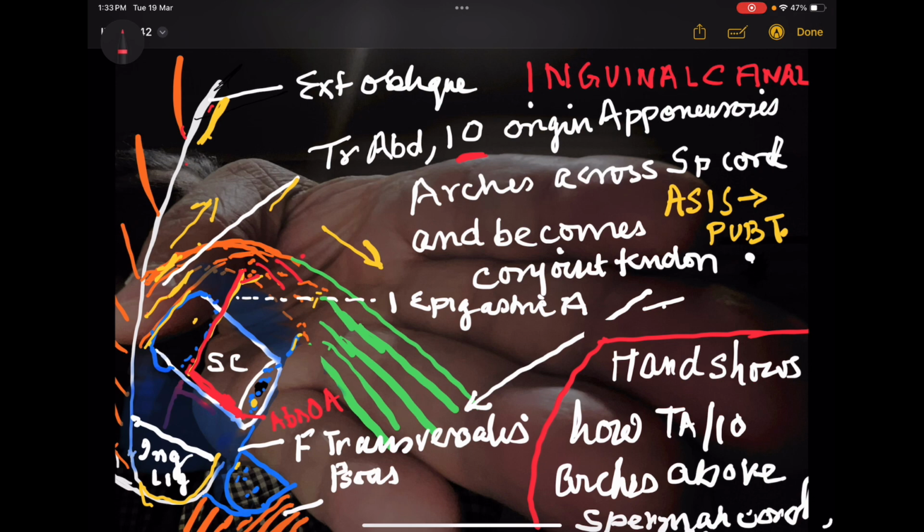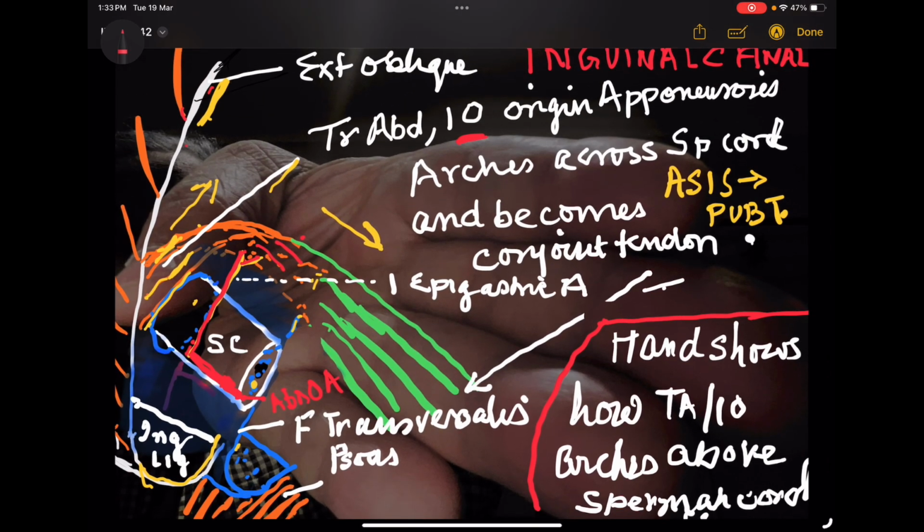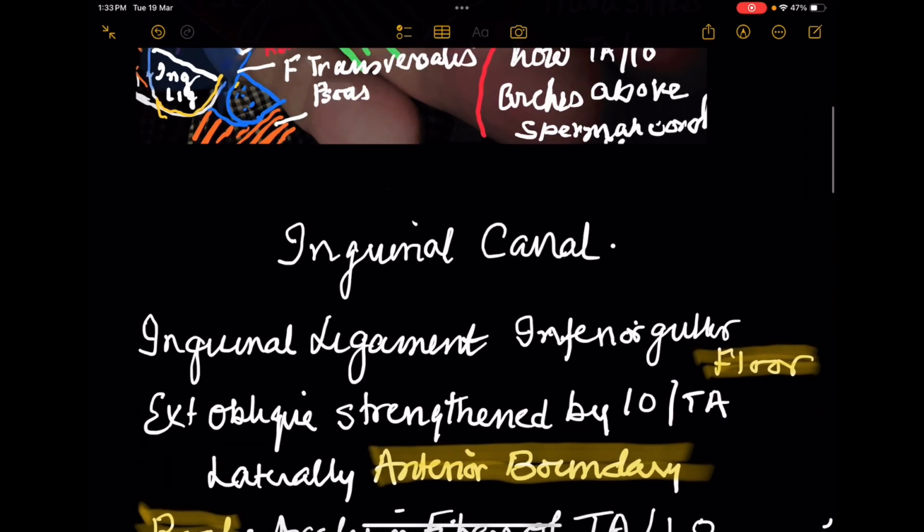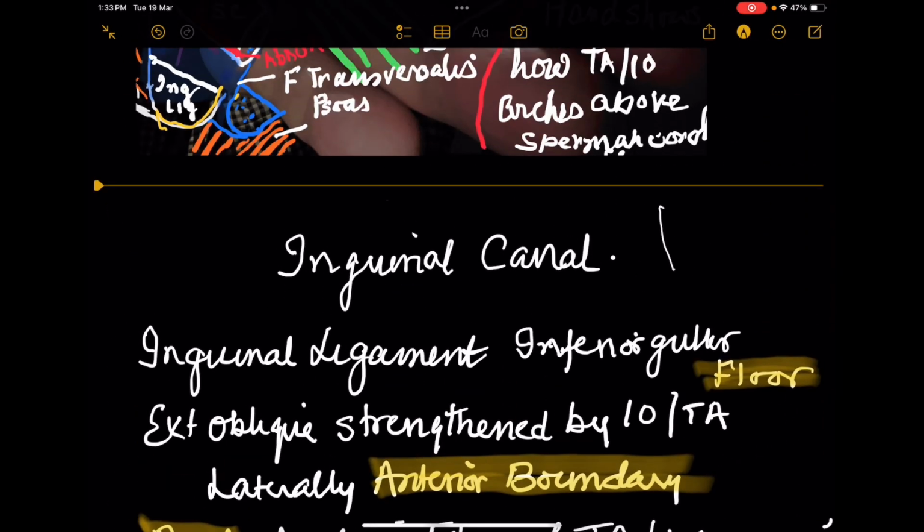So the inguinal canal is very deep on the lateral side and very superficial on the medial side. And then the spermatic cord comes out through the external oblique by a ring in the external oblique, goes through to the scrotum, gets converted into the epididymis and holds the testes in the scrotum.